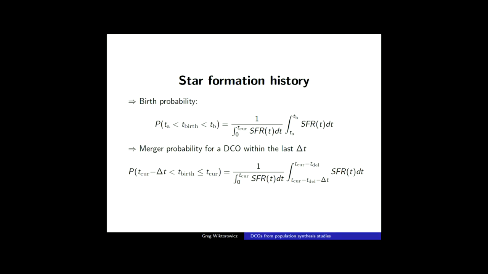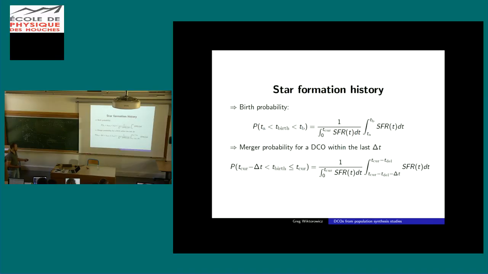Okay, so these formulae are very universal. In our approach, this formula just means that when we have a system which is born somewhere here, it has a probability for some value of t del.